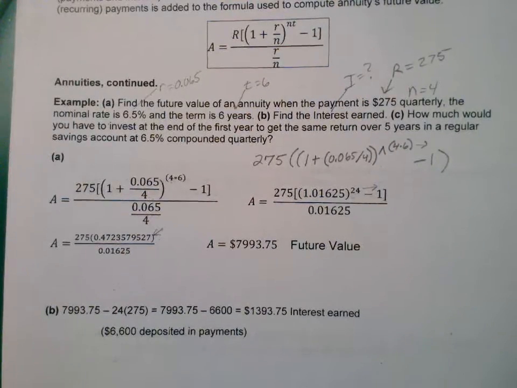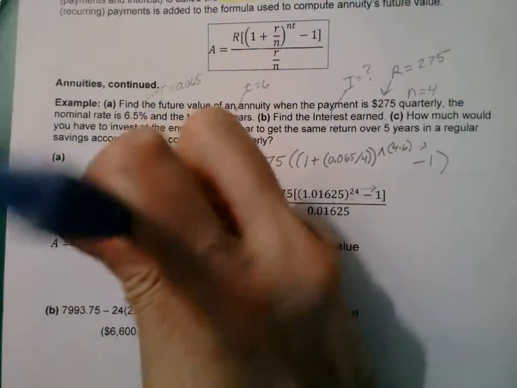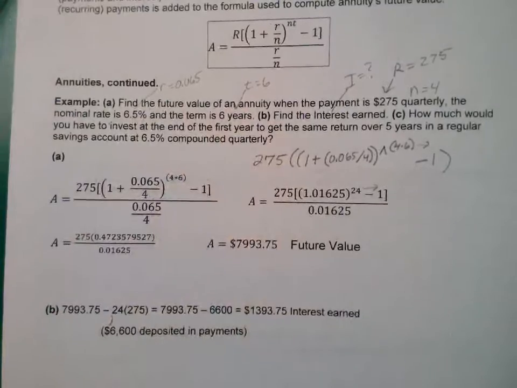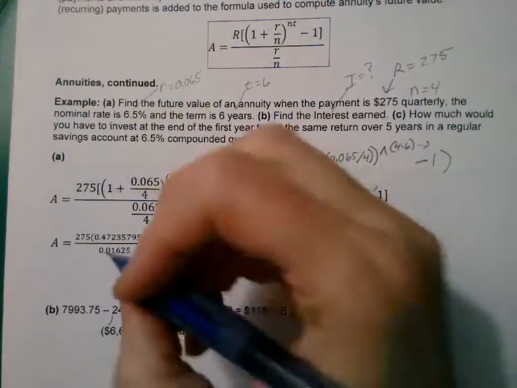Let me do it in my calculator so I can get that number. 275 parenthesis 1 plus parenthesis 0.065 divided by 4, close parenthesis, close it again, raise it to open 4 times 6, close parenthesis, over to come down, -1, enter.